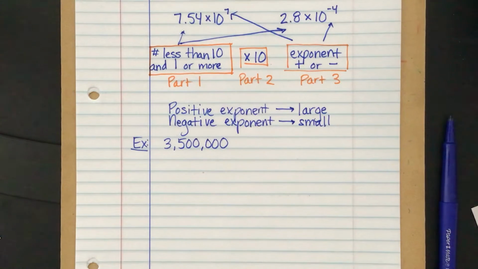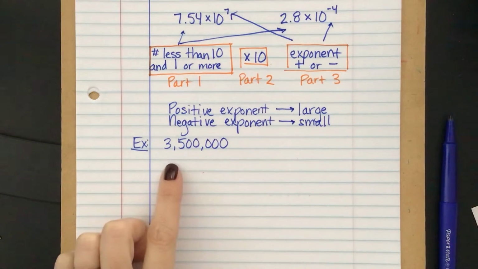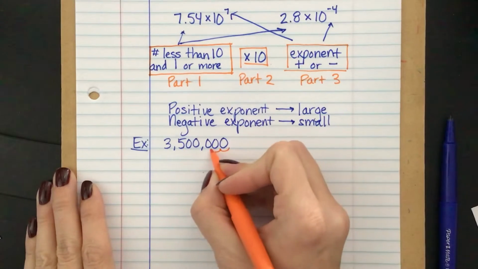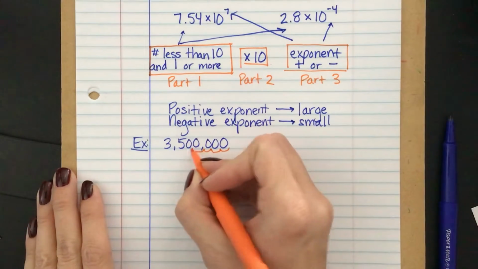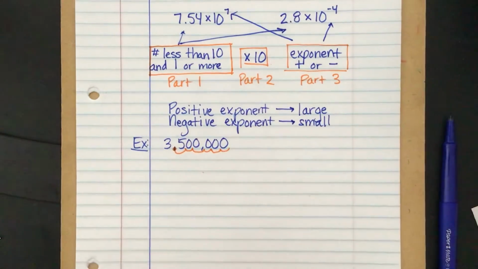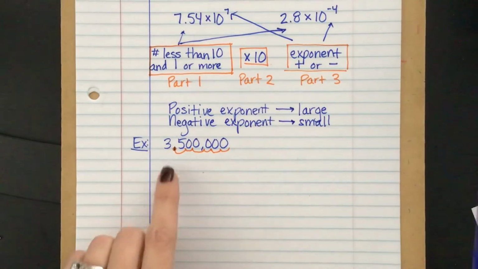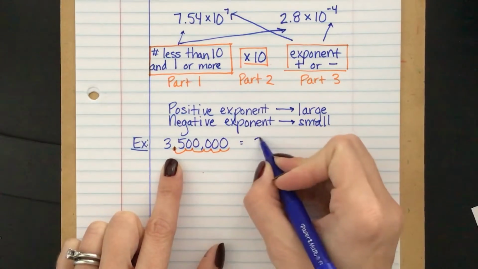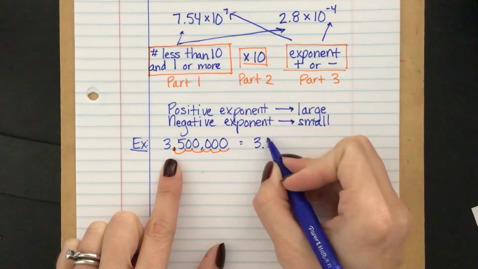What we're going to do is move the decimal place over as many times as we need to make this number between 1 and 10. So I'm going to move it over 1, 2, 3, 4, 5, 6 times. So now this number is going to be 3.5.